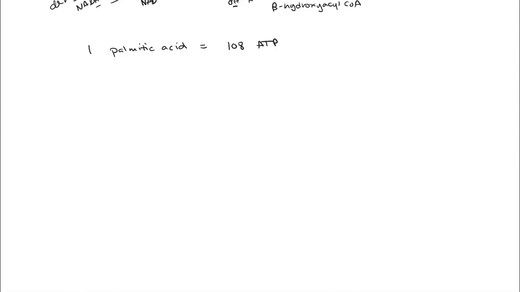Now, to be clear, there are a couple of important branches off of this. Note that there are some fatty acids that have odd numbers of carbons, and so there are some special pathways for dealing with odd number carbons, utilizing propionyl-CoA carboxylase and some other enzymes. We're not going to go into those pathways. I want you to focus on what we've looked at here, and also recognize that this has been entirely focused on saturated fatty acids.